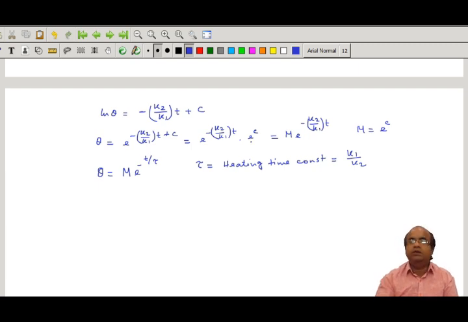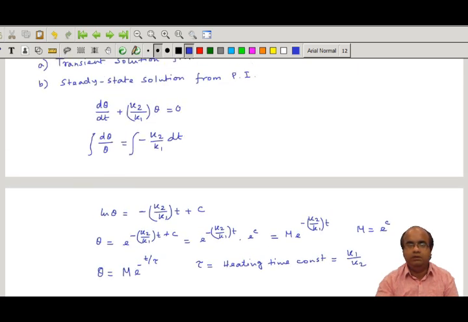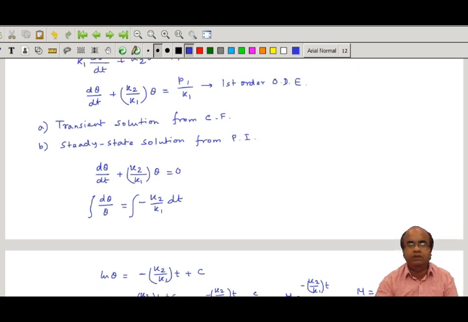Now coming to the particular integral. Now I am writing this equation once again, that is d theta by dt plus K2 by K1 theta equals P1 by K1.